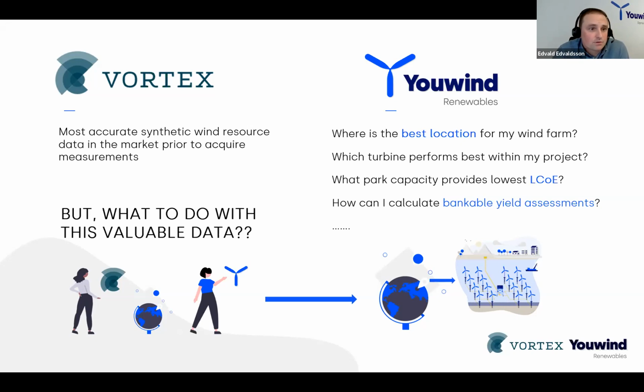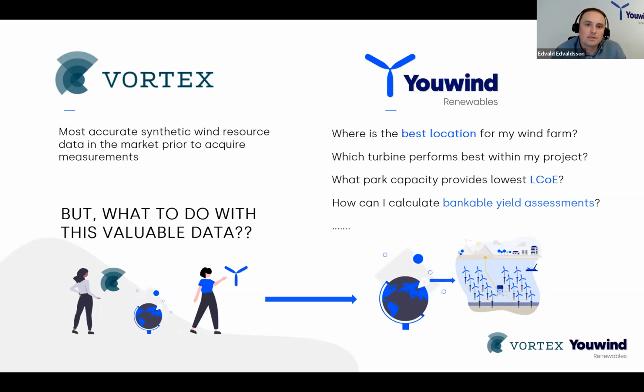But just to recap, we have aligned with Vortex and implemented their link to our platform, and Vortex has the most accurate synthetic wind resource data to be used prior to wind measurements. But then we asked ourselves: what should we do with these valuable data sets, and how can we make sure they are utilized in the most optimal and easy way?